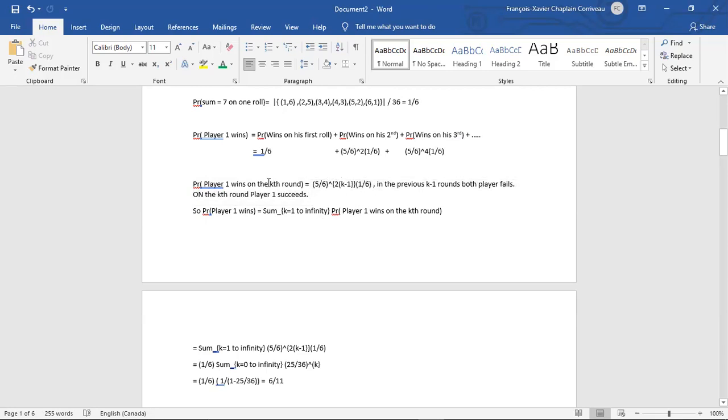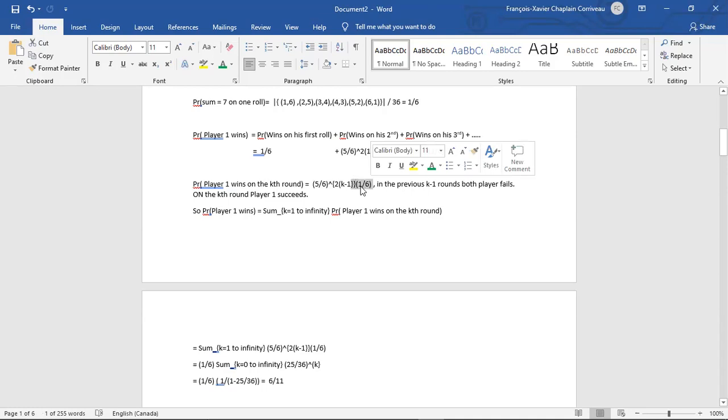If there are K rounds of the game, it means that there were K-1 rounds in which both players failed. So that's what the probability is of K-1 failures, one for each player. Then if he won on this Kth round, it means that he rolled a 6.